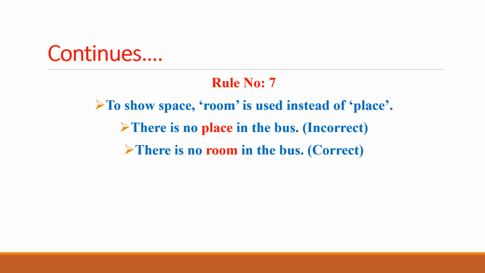Let us move to the examples in this regard. The first sentence is, there is no place in the bus. You find place highlighted in red. As we have discussed in the rule, to show the availability of space, we do not use the word place. That is the incorrect use.